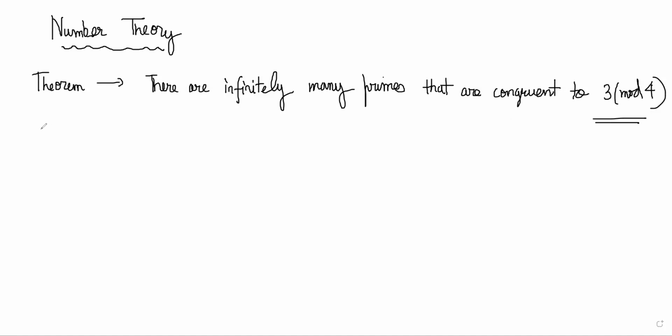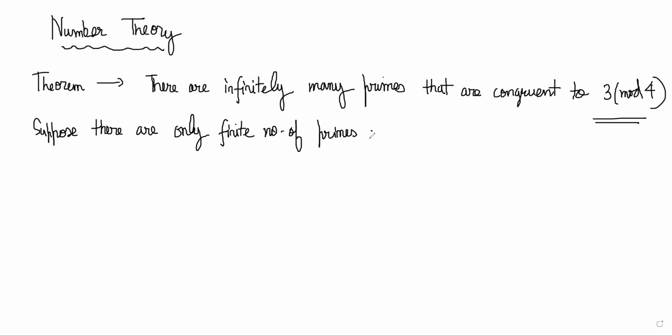We do a proof by contradiction. We'll say, suppose there are only a finite number of primes congruent to 3 mod 4.